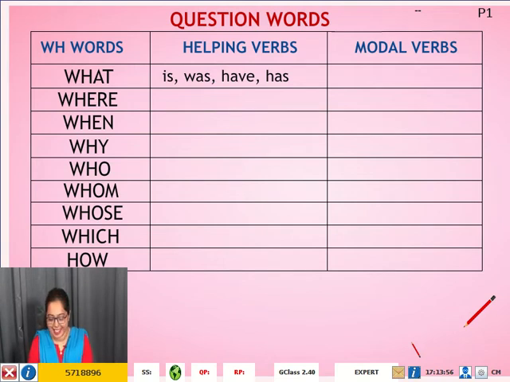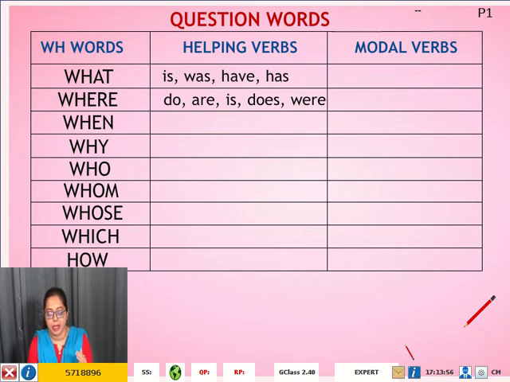Have a look at the screen. See here, with the WH word, what kind of helping word goes. The WH word here is where. With where goes the helping verb do, are, is, does. Once again, with the WH word where: do, are, is, does.